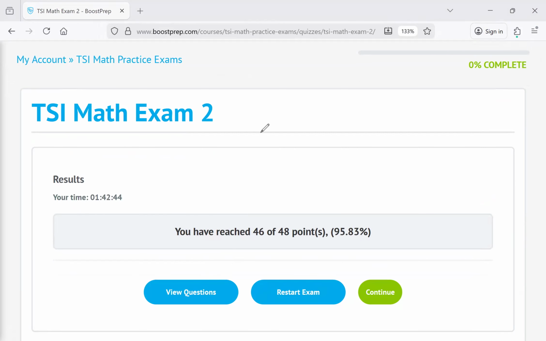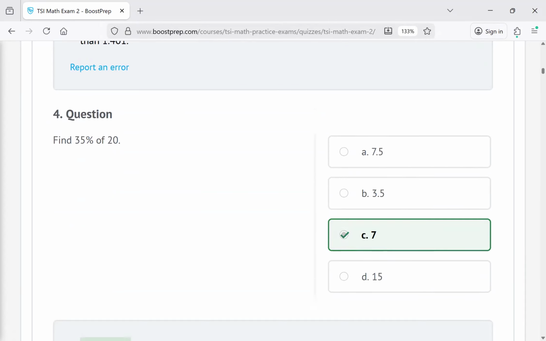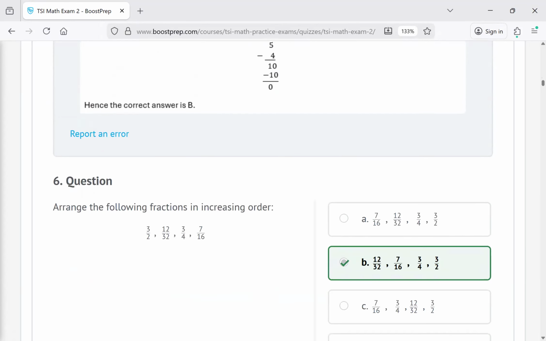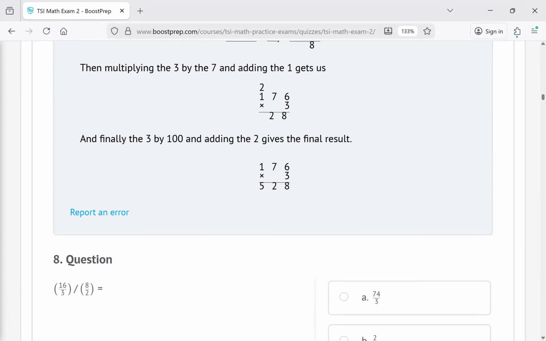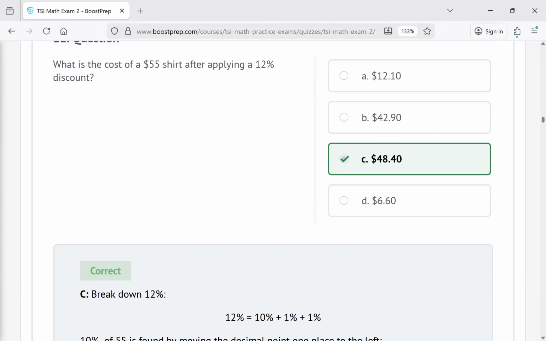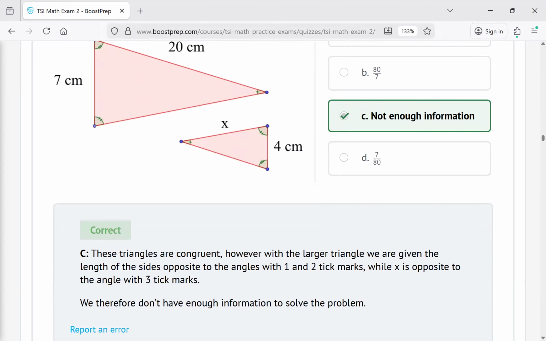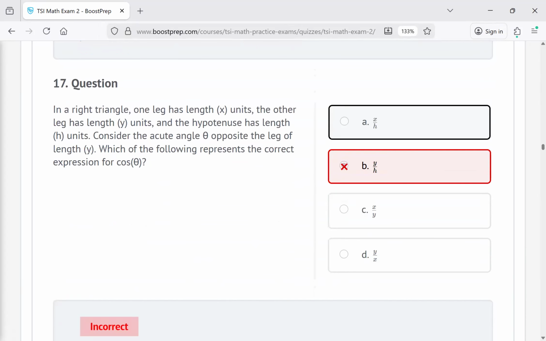Let me see what I got wrong. That one's right. That one's right. That's right. Oh, this one.